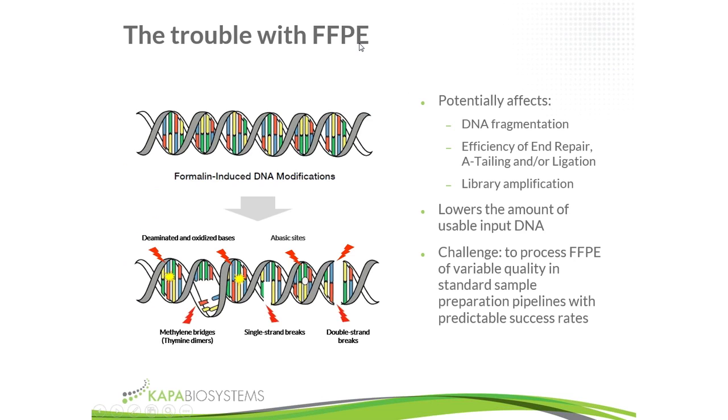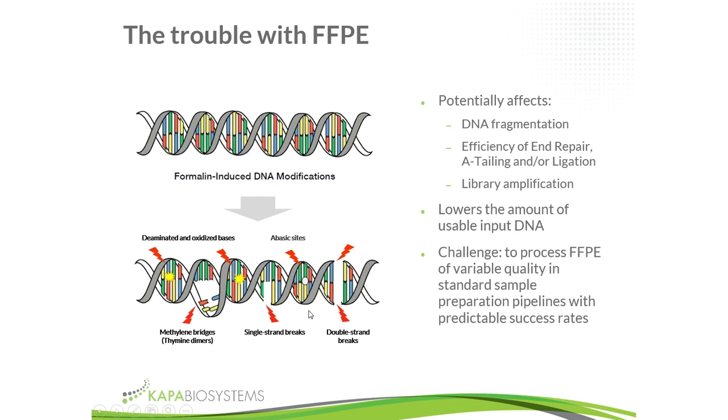So as all of you know, FFPE DNA is fraught with molecular damage. So we have single-stranded nicks in DNA, double-stranded breaks. So FFPE DNA just is fragmented, contains a lot of single-stranded DNA, and then inside the DNA molecules we have a whole lot of different molecular damages that includes deaminated and oxidized bases, methylene bridges, abasic sites.